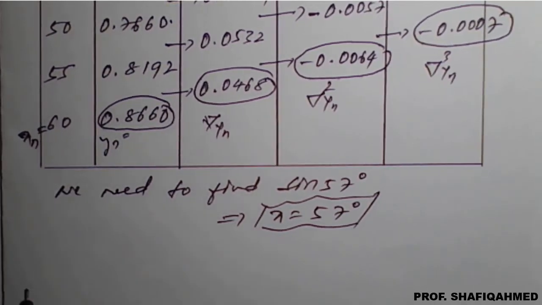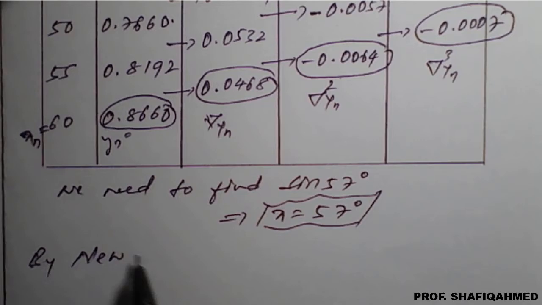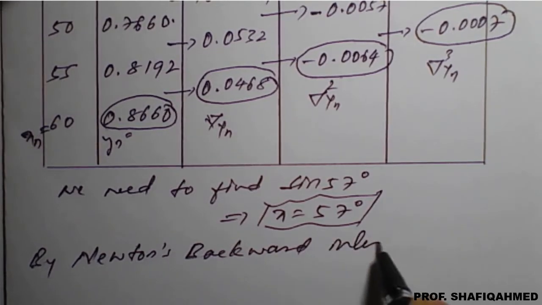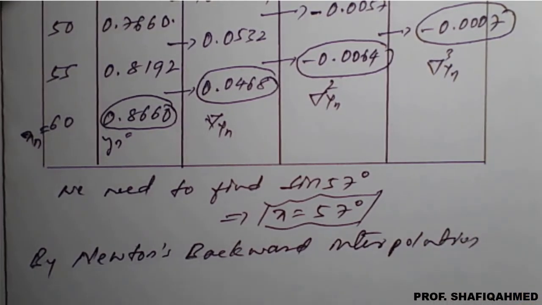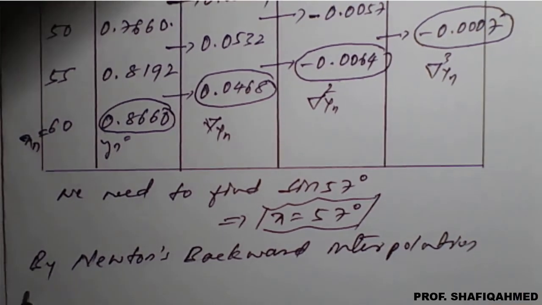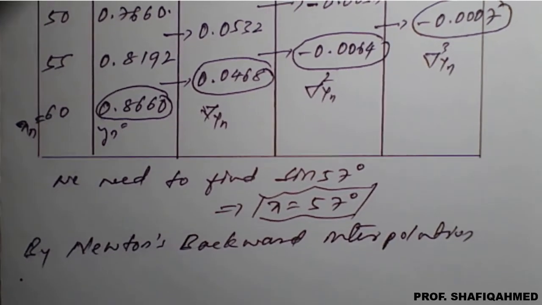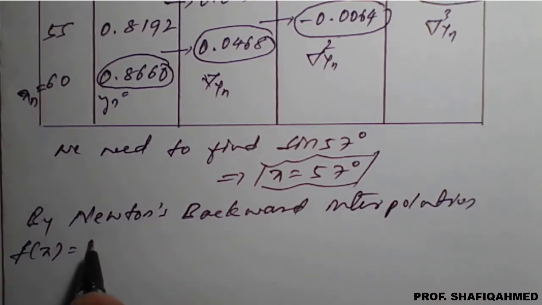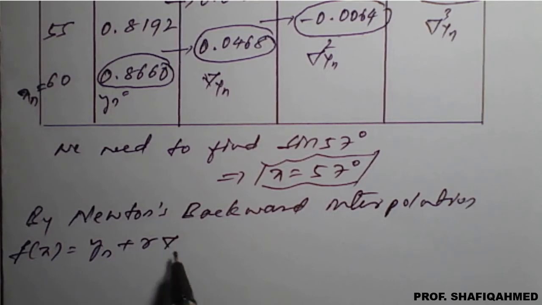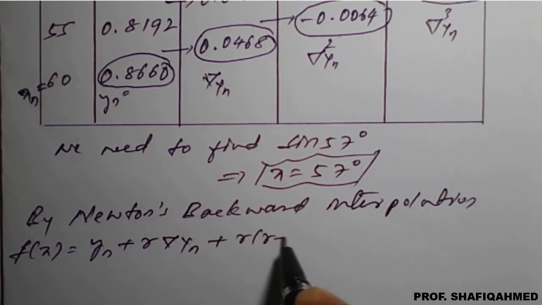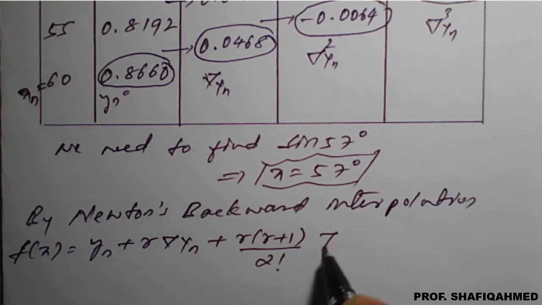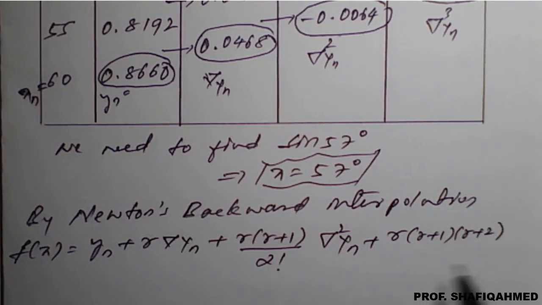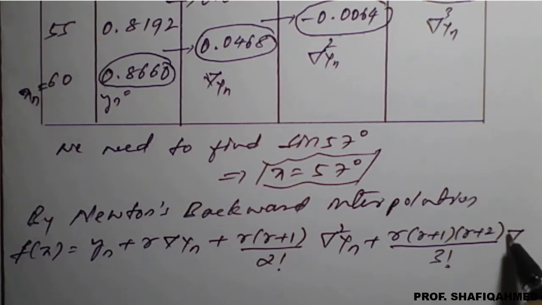By Newton's backward interpolation, f of x is equal to yn plus r into nabla of yn plus r into r plus 1 divided by 2 factorial nabla square of yn plus r into r plus 1 into r plus 2 divided by 3 factorial nabla cube of yn.